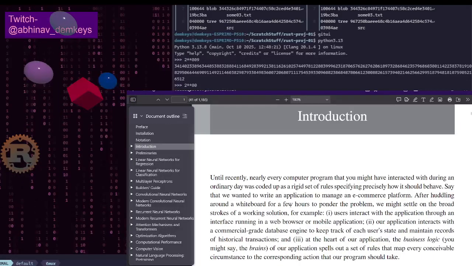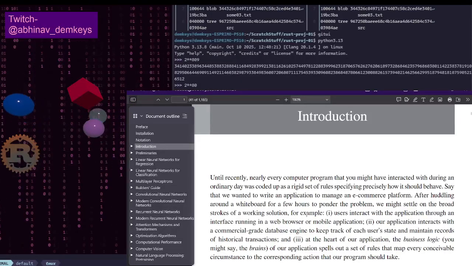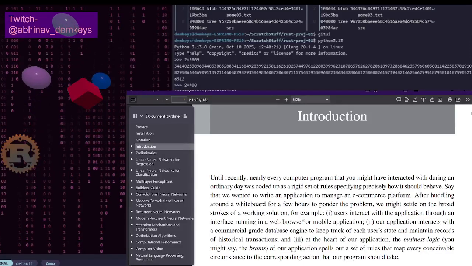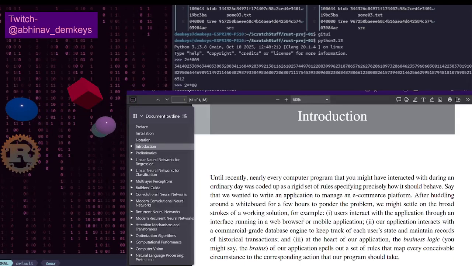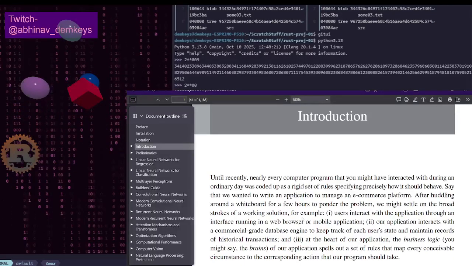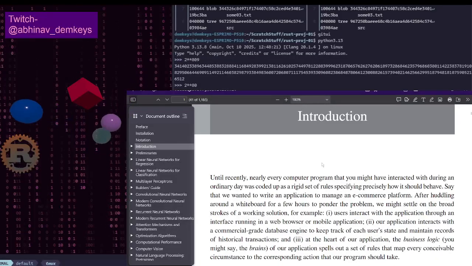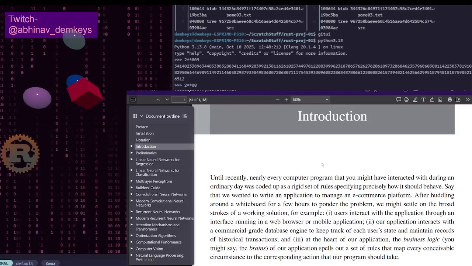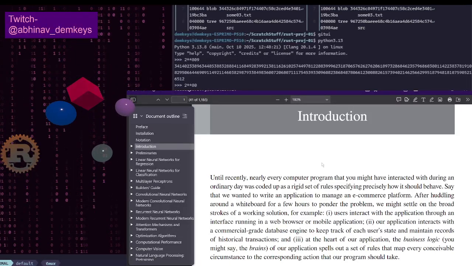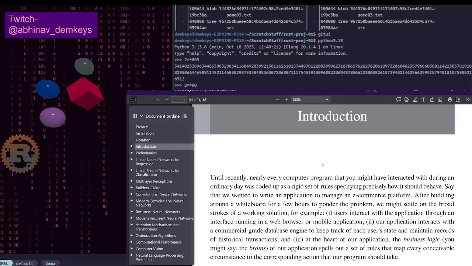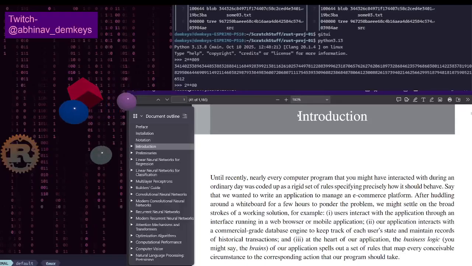Okay, so sorry, zoned out. Okay, so this is the book.